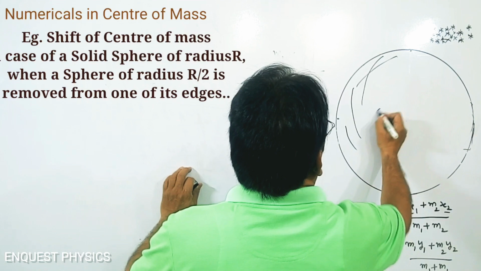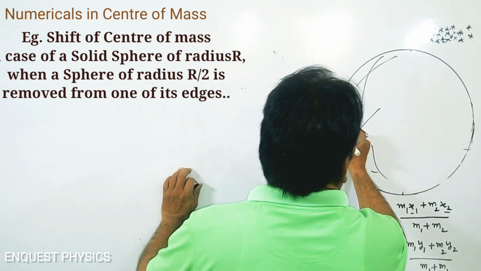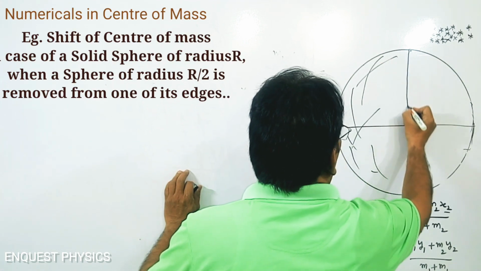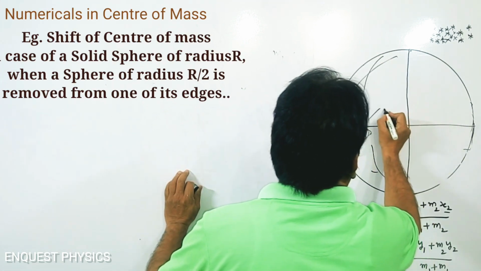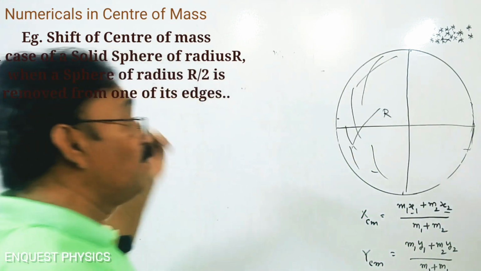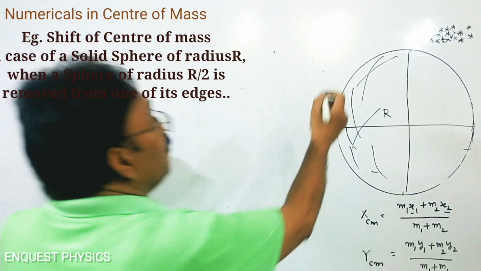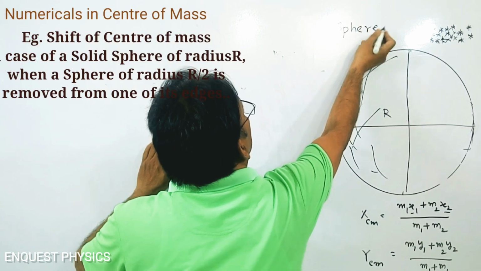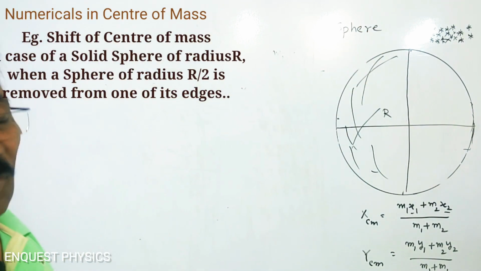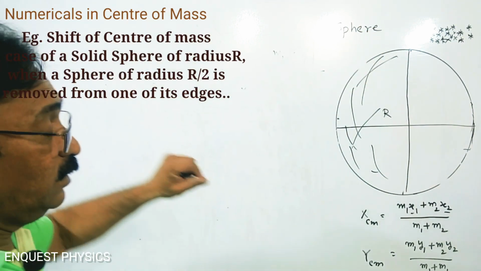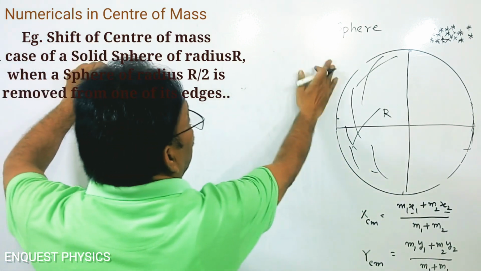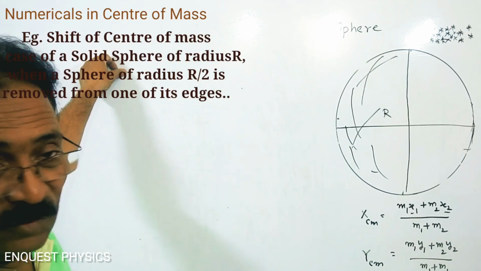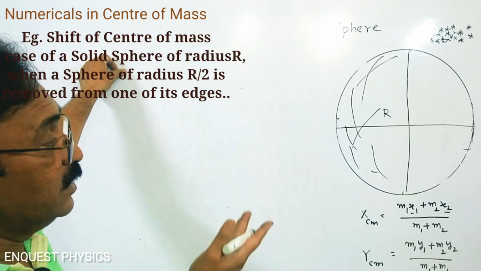Let's say it is a sphere which has the diameter d and radius r. How do we find the center of mass? And you know that the density, the same as I told before, is uniform, and the radius is r.